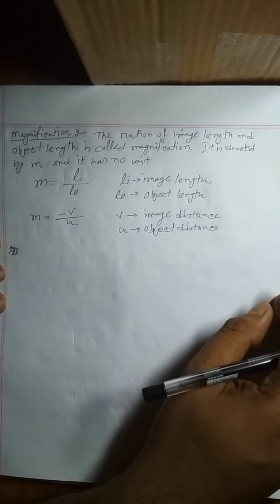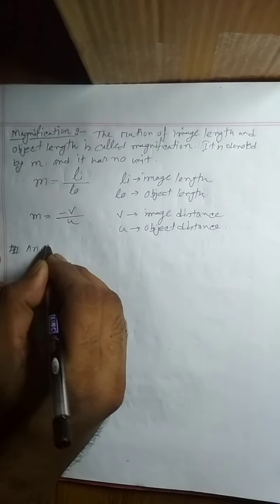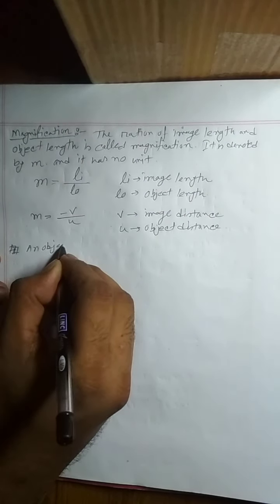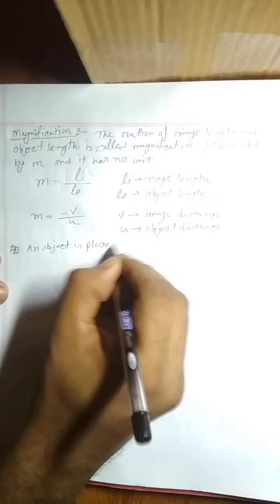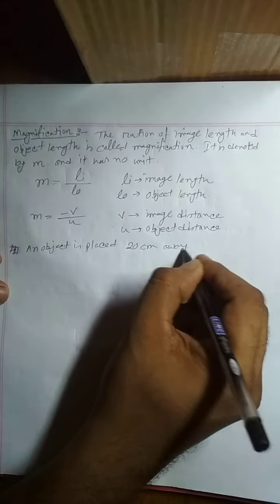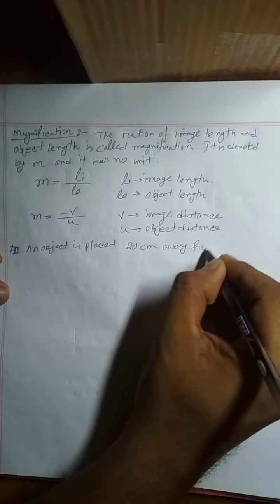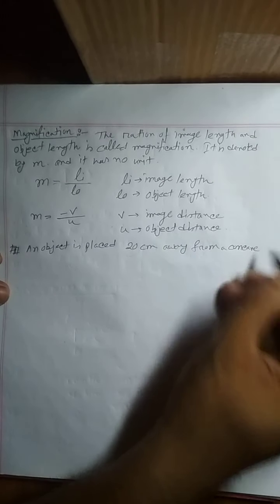An object is placed 20 centimeter away from a concave mirror.